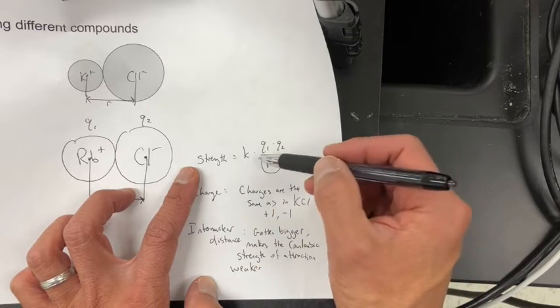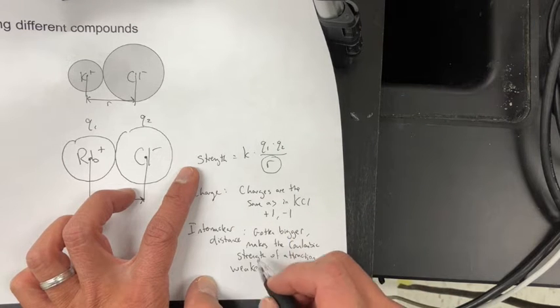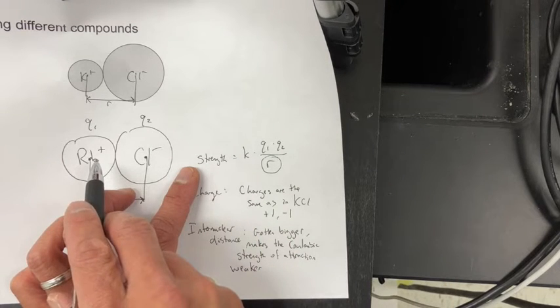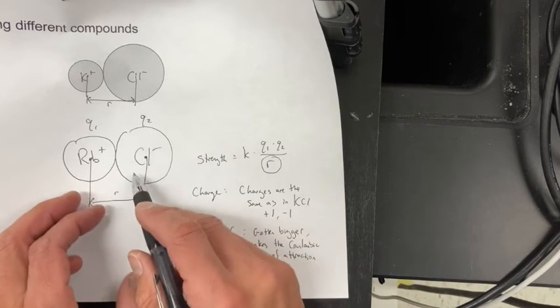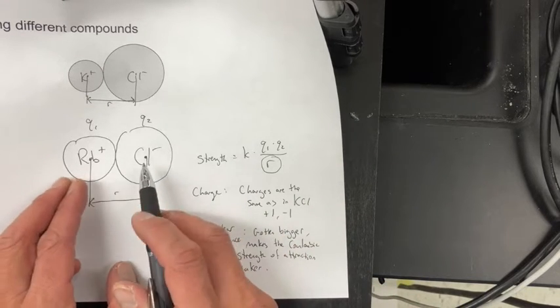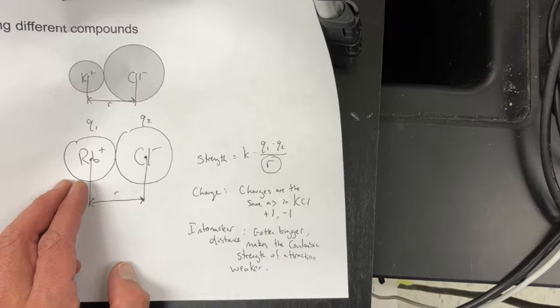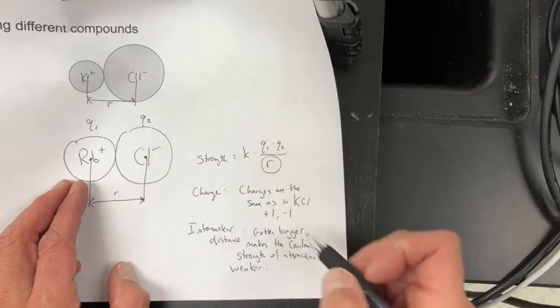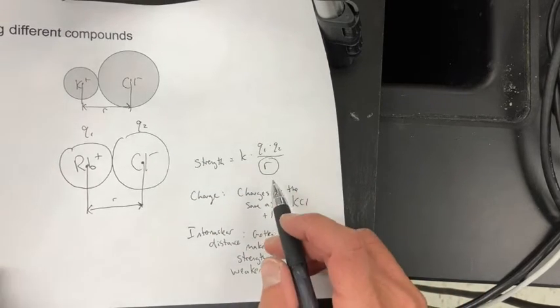Because they're farther apart, they can't hold on to each other as tight. And that's going to affect a lot of things. It's going to affect the melting point. You can imagine it's going to get weaker, so it's easier to melt, and boil as well. So that's how you describe internuclear distance changes.